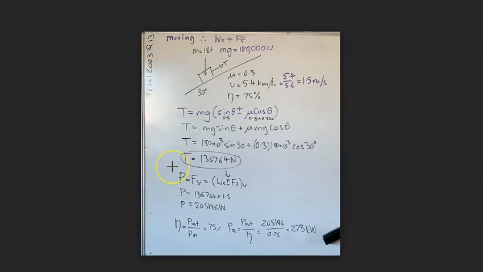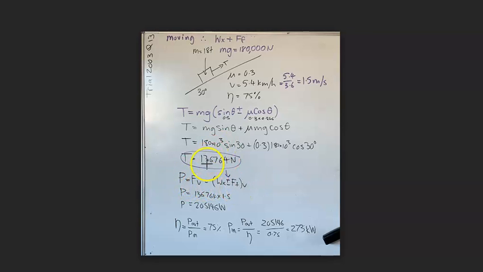That's on the formula sheet these days. Once upon a time, power was just written as work divided by time, but we can manipulate that formula: if we make it Fs divided by t, s divided by t is velocity, and we get P equals Fv. So power equals force times velocity.